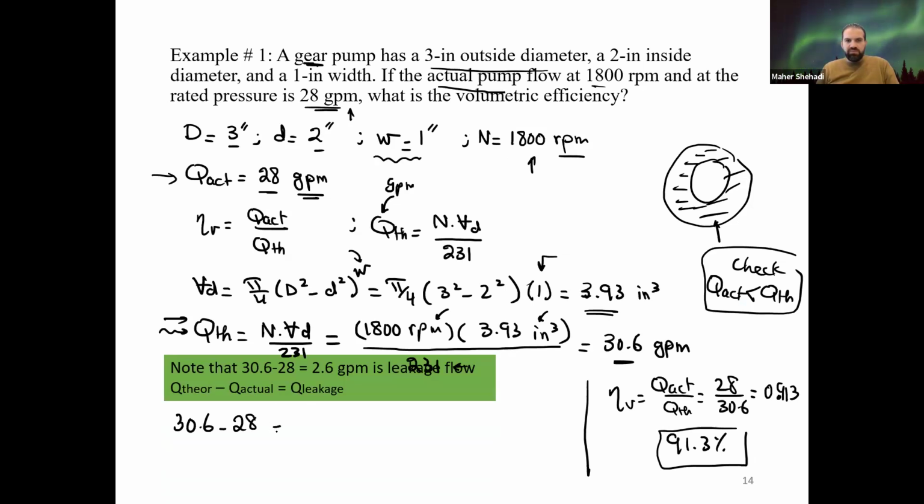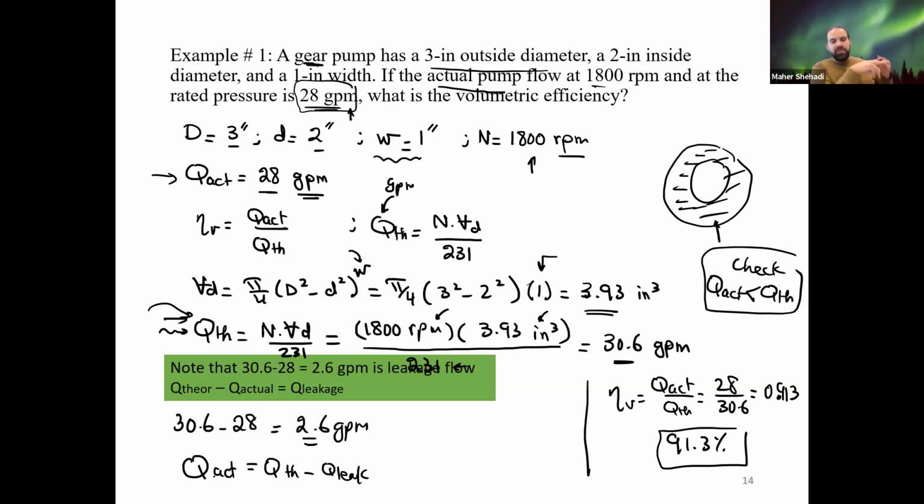Sometimes you will be given, let's say, that this pump has a leakage flow rate of this much, and they won't give you the actual. What you need to do is calculate the theoretical, and then find the actual flow rate from the difference, Q theoretical minus Q leak.